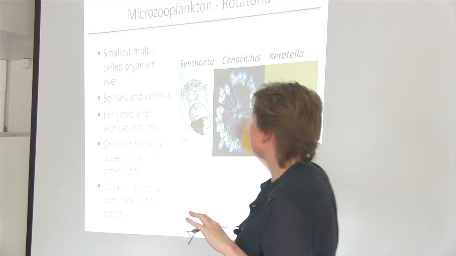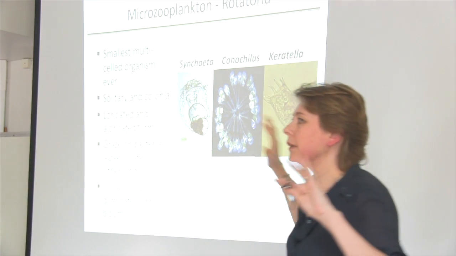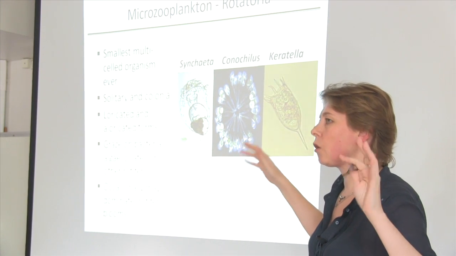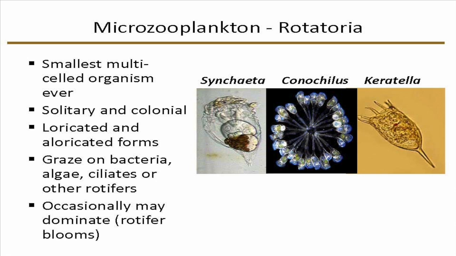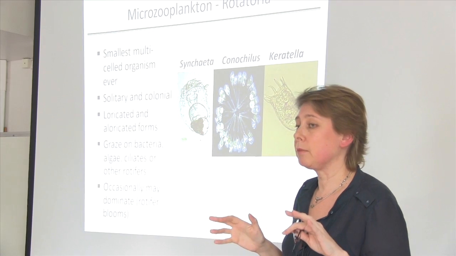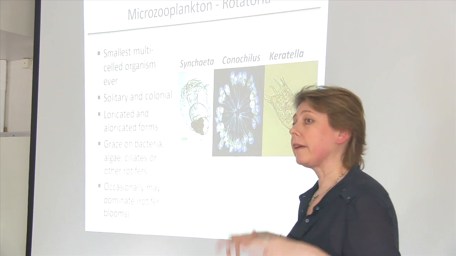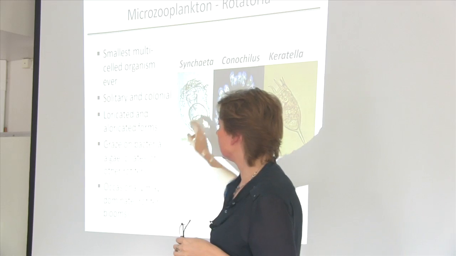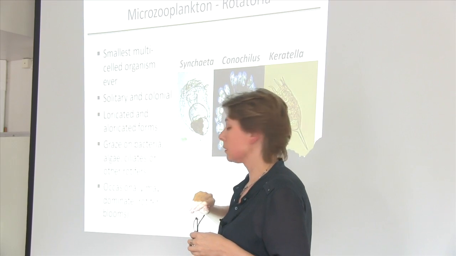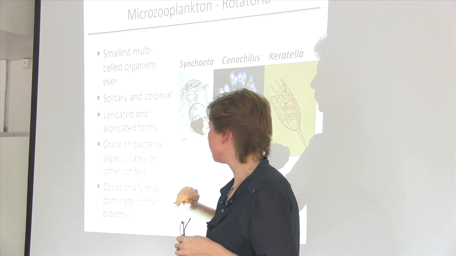Here are Keratella and Synchaeta, the two most commonly studied or referred to groups of rotifers in the Baltic Sea. This one has a lorica, and this one is soft-bodied, loricated and illoricated forms. They also can graze on bacteria, but less efficiently than ciliates. They can, however, graze on ciliates quite nicely, and on small zooplankton or small phytoplankton too.